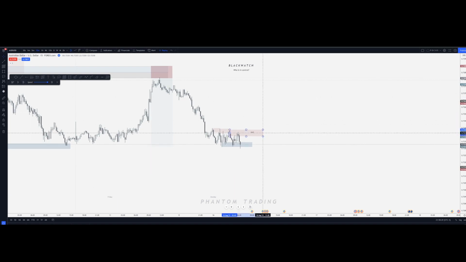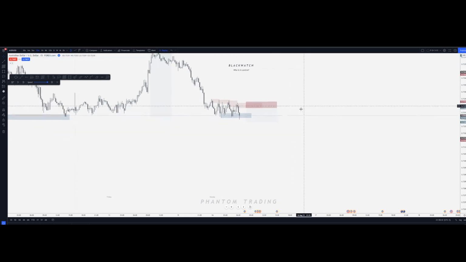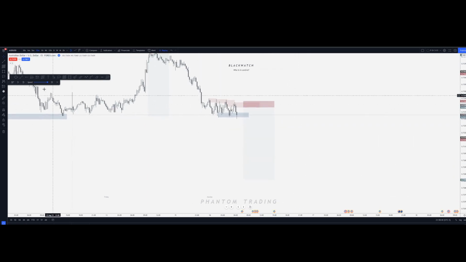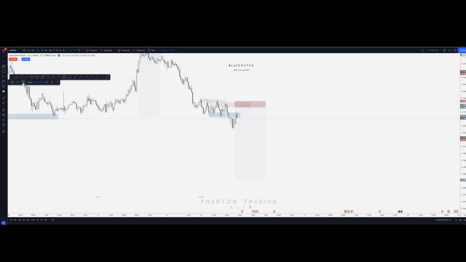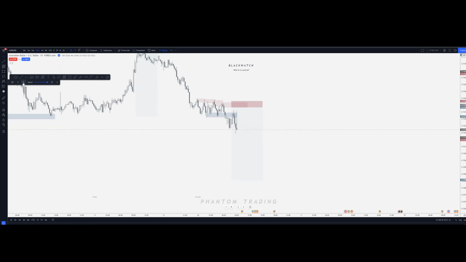Okay, so now my POI is shifted to this one, and we have that demand failure. It's a wick, but it's still a demand failure. I'll put my POI above that. There's that failure with a little bit more to it.